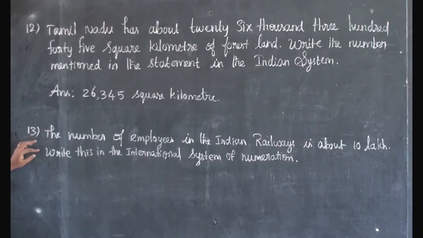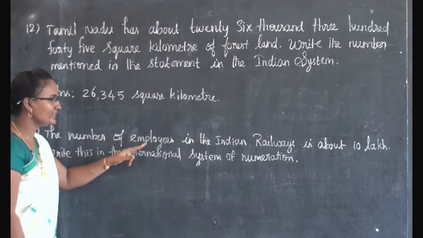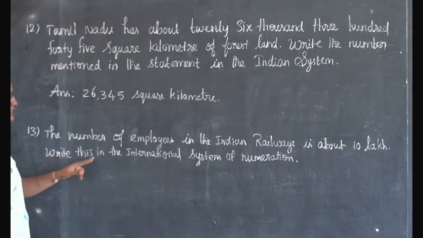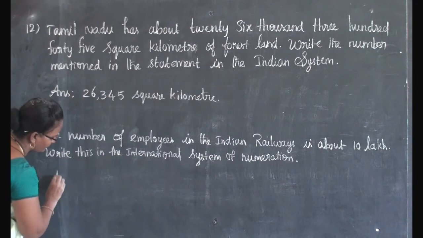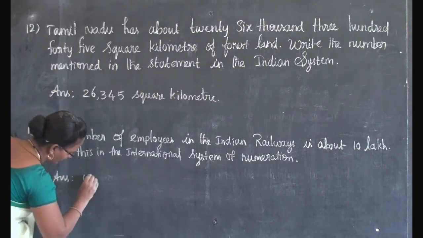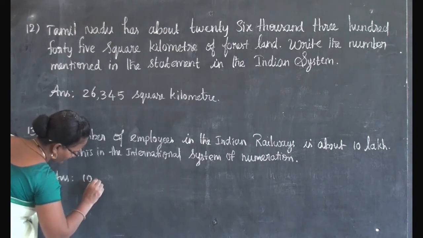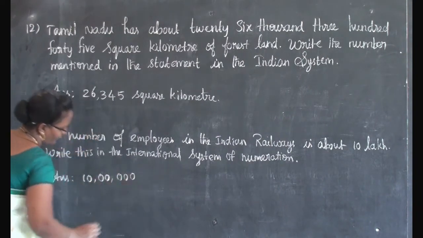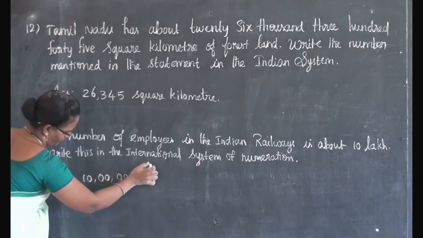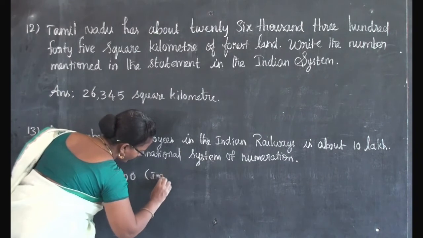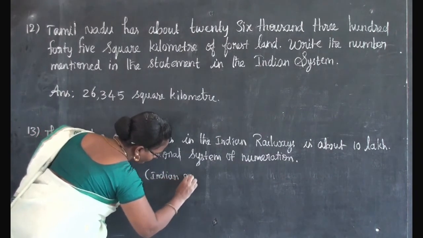Now the 13th one, the number of employees in the Indian Railways is about 10 lakhs. Write this in the international system of numerals. First 10 lakhs in the Indian system. It is an Indian system.